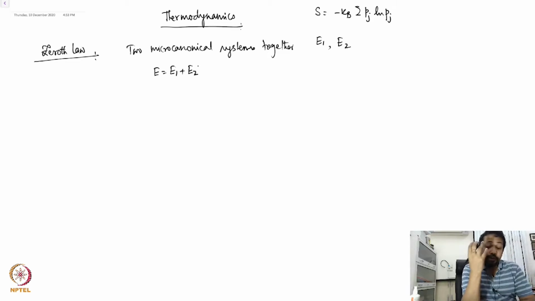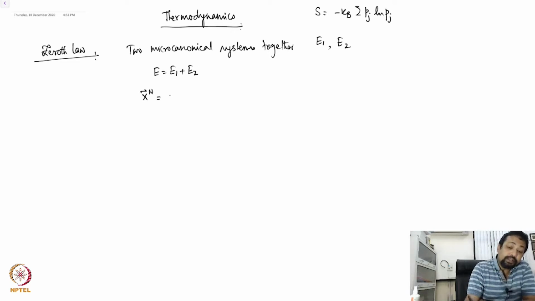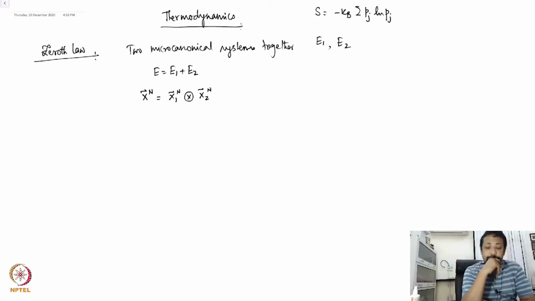And you know the interaction between the parts, so that the microstates become x1n outer product x2n, okay?